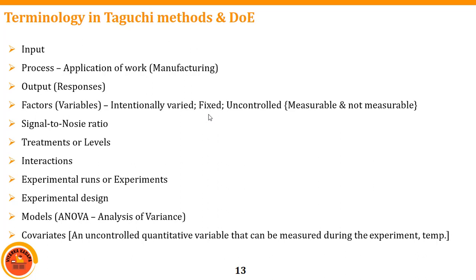Covariance is one of the important things. Covariance means an uncontrollable quantitative variable that can be measured during the experiment. For example, temperature. We cannot control temperature. If I take an infrared laser gun and place it near the temperature measurement, definitely it will be fluctuating.